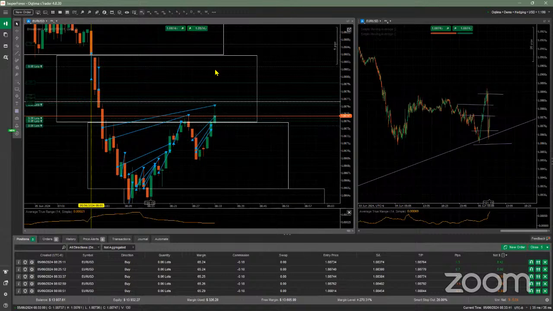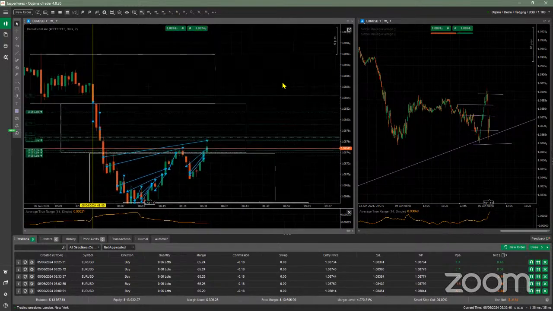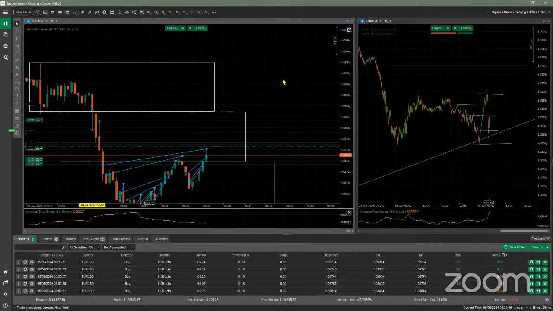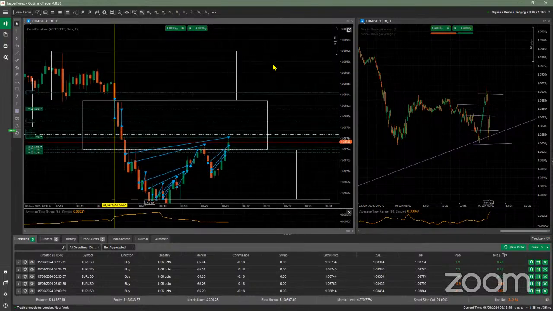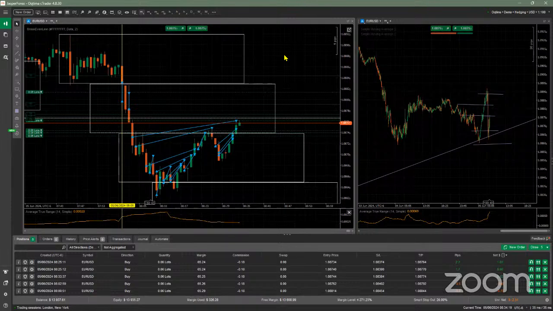A nice little wick. Can we retrace? I close a couple more and then retrace. Close a couple more and retrace. Repeat the same process over and over and over.